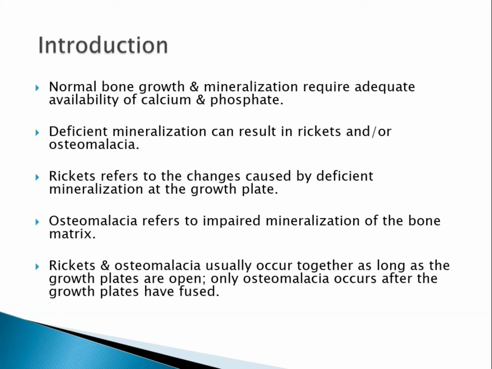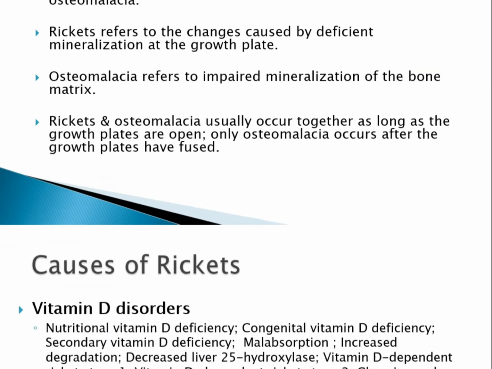So mineralization of the bone does not occur at the growth plate, which is called the epiphyseal plate. But osteomalacia, which is a condition in adults, is a deficiency or reduced mineralization of the bone matrix. So this is the difference between osteomalacia and rickets.